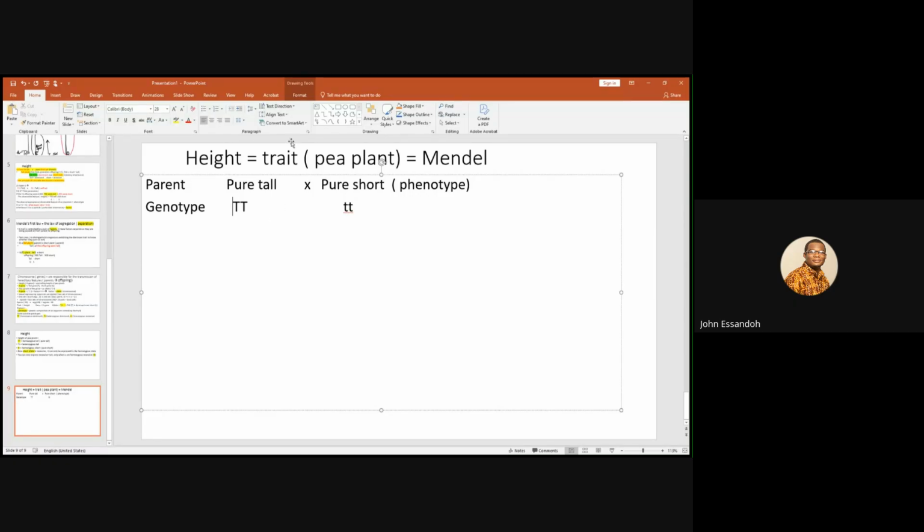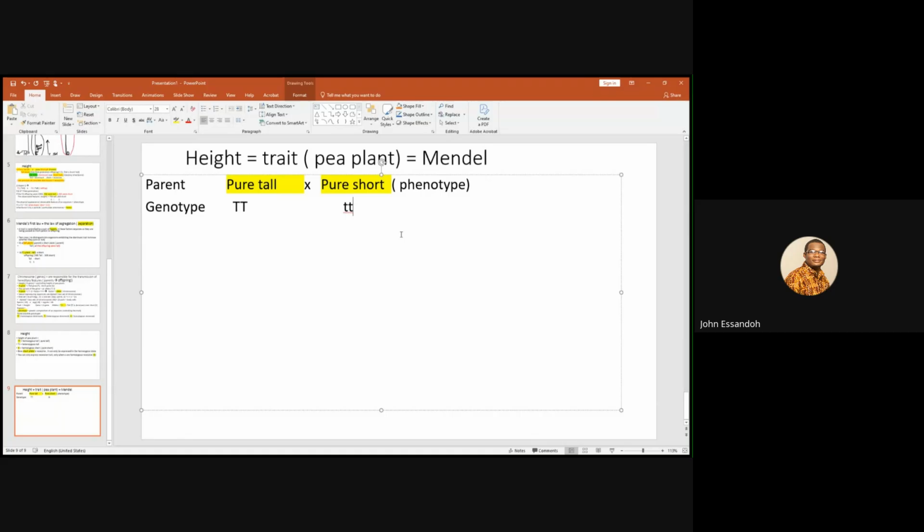So this is Mendel's first experiment on pea plant. Pure tall, pure short, that's the phenotype. That's what he observed. And we know the genotype of pure tall means homozygous tall, and pure short is homozygous short.